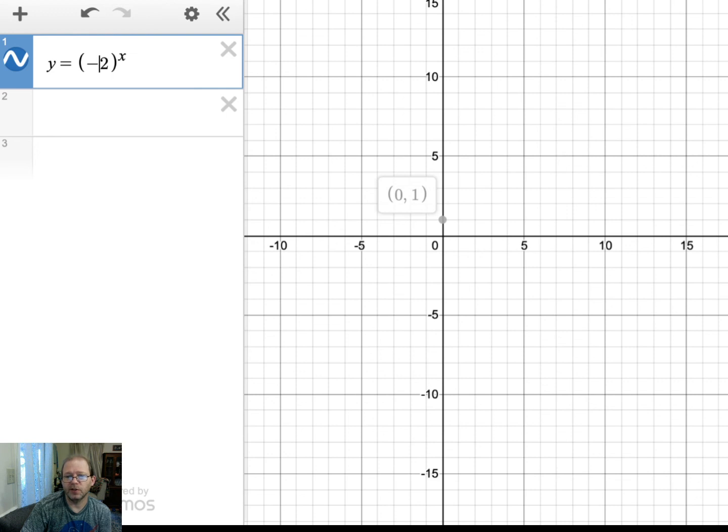Negative 2 to the 0 would be 1. Negative 2 to the first power would be negative 2. Negative 2 to the second power. We could do all those integers, but we'd run into problems at places like x equals a half. We'd get an imaginary number, and the same thing would happen at a fourth and an eighth, and at any fraction that has an even denominator. So we can't get an exponential function if we use a negative base.